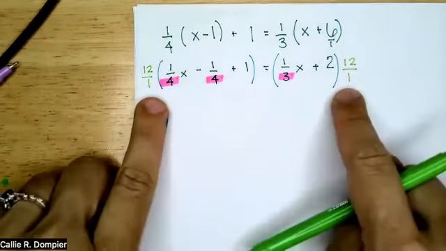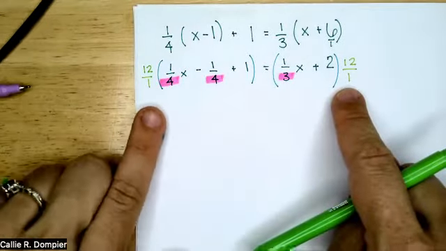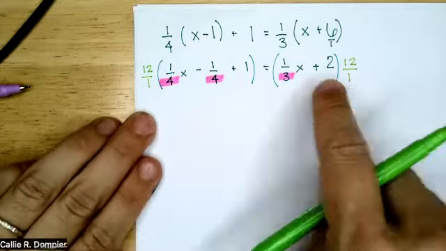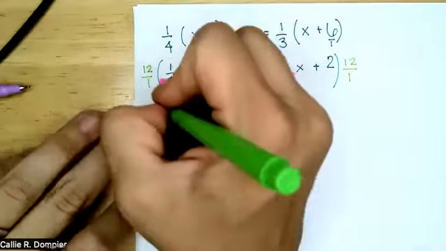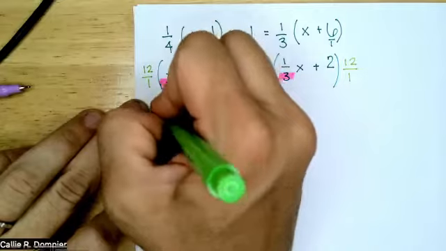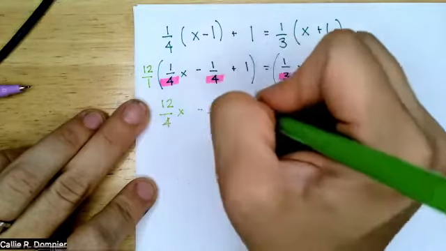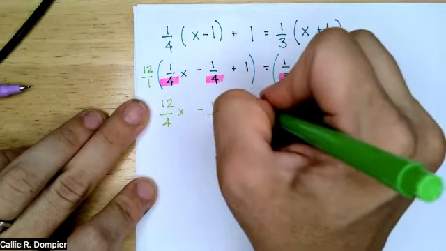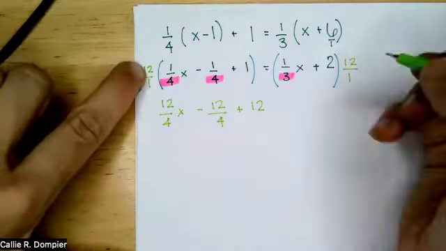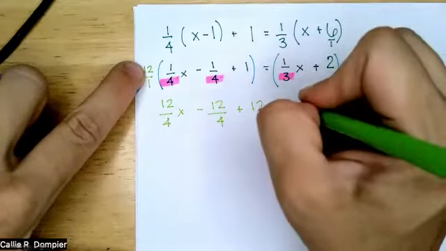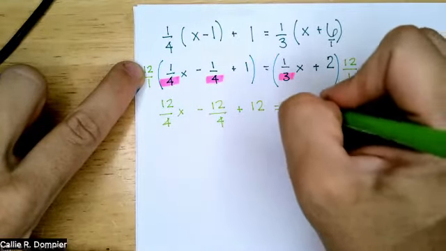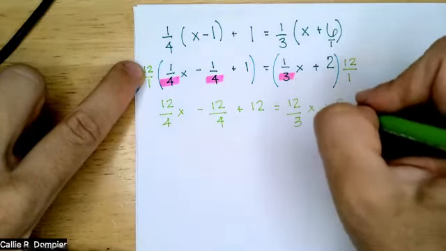So I'm going to multiply both sides of the equation by 12 in order to simplify and get rid of all the fractions. So that becomes 12 over 4x minus 12 over 4 plus 12 times 1 is 12, right? Equals 12 over 3x plus 2 times 12 is 24.